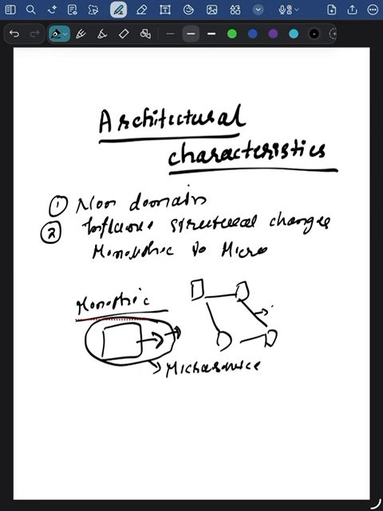The third aspect of understanding architectural characteristics is that it should be critical and important. Say in a real-world example, what we expect from the system, right? It should be available. It should perform at its best. It should be scalable. It should be highly secure, right?